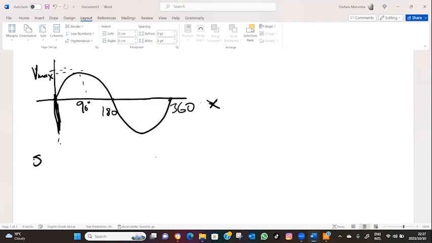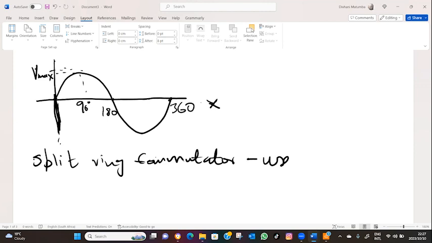We have a split ring, the split ring commutator, which is used to turn AC to DC.